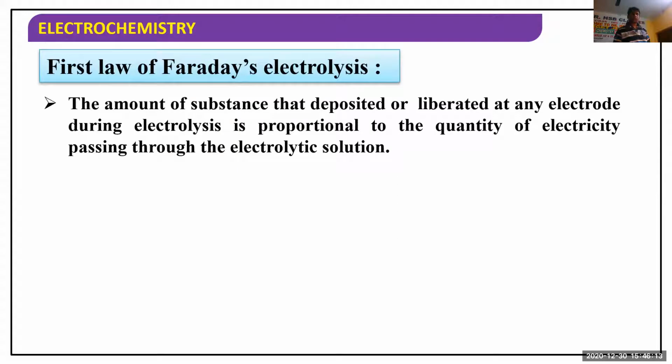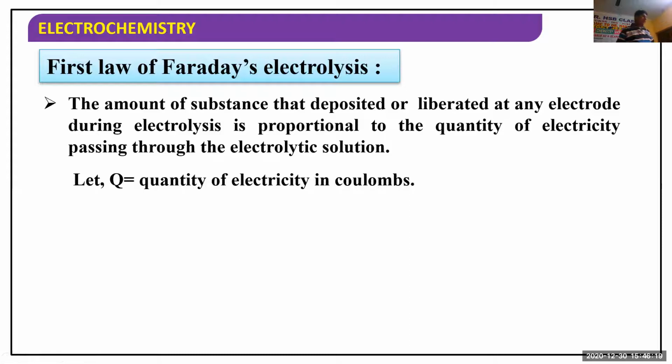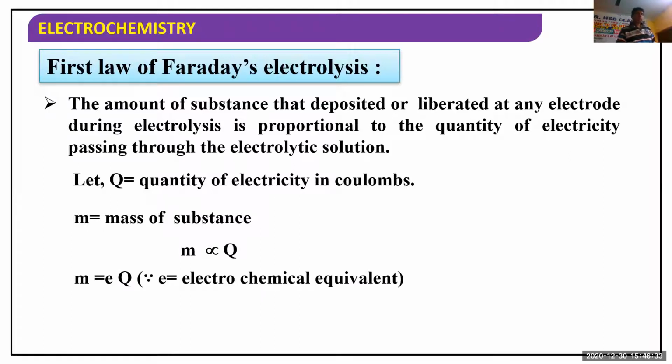So Q is the quantity of electricity in coulombs. M is the mass of the substance, that means W. I have already discussed. So M is proportional to Q. If the proportional sign is omitted, then M equals E into Q. If it is capital E, there is no problem, or small e.